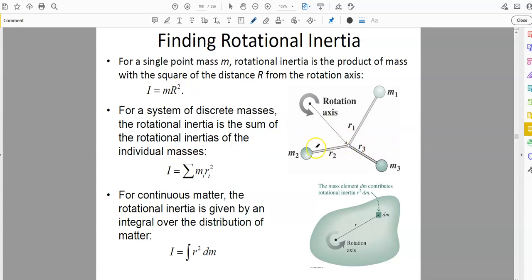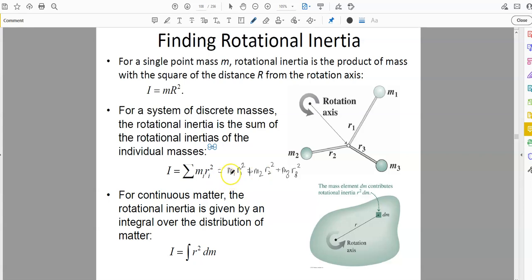Well, in this object right here, essentially you have mass 1, mass 2, and mass 3. So you could sum up the total moment of inertia about this object as mass 1 times R1 squared, plus mass 2 times its distance squared, plus mass 3 times its distance squared.